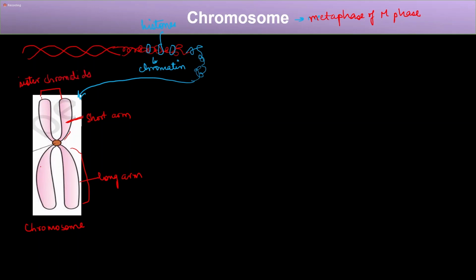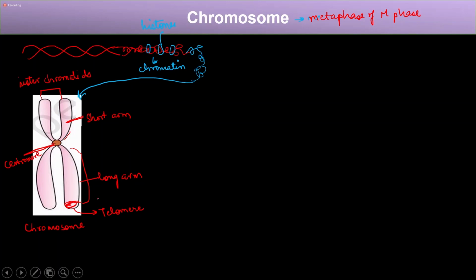Apart from this, the central structure through which these two chromatids are connected to each other is called the centromere. And the ends of the chromosome are known as telomere. So this is the structure of the chromosome.